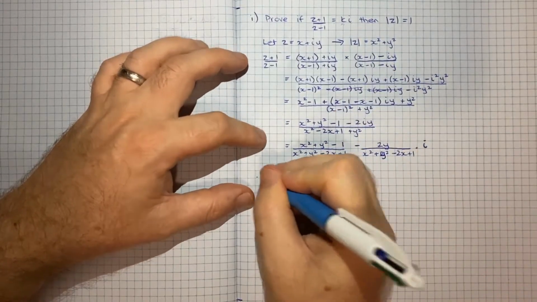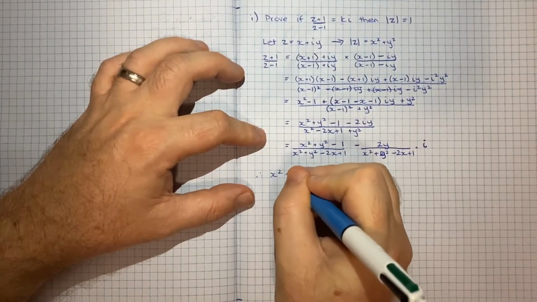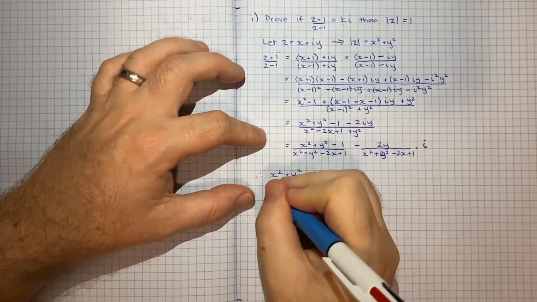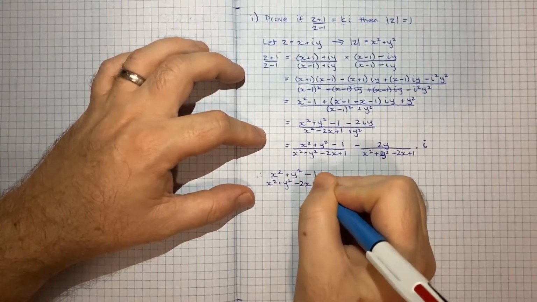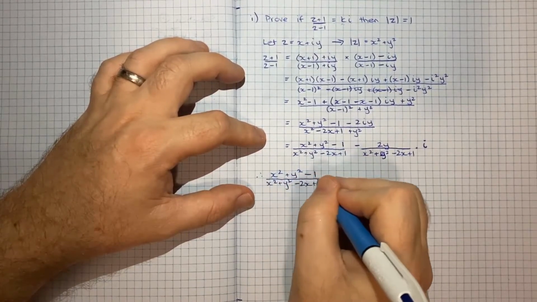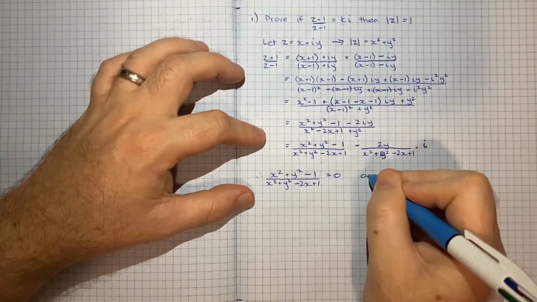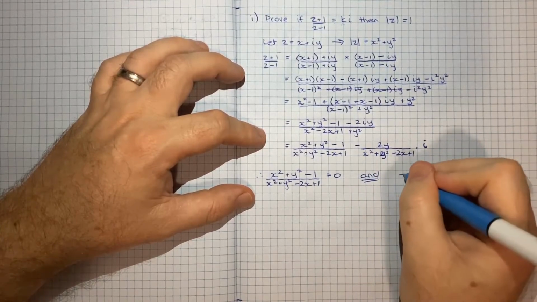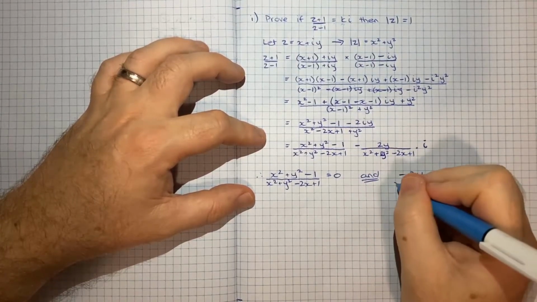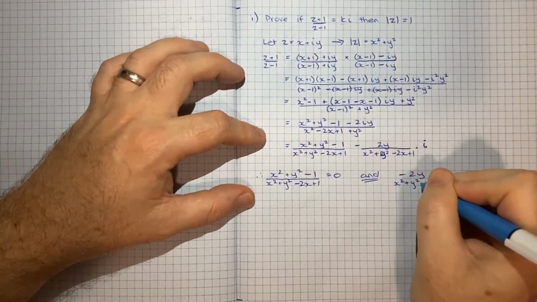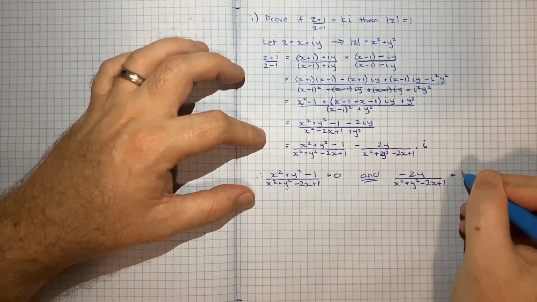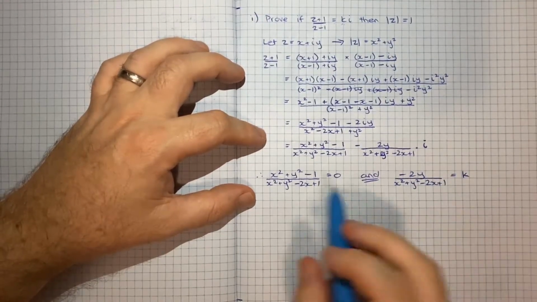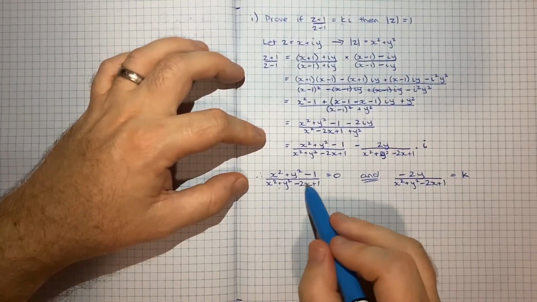Therefore, x squared plus y squared minus 1 on x squared plus y squared minus 2x plus 1 is equal to 0, and minus 2y on x squared plus y squared minus 2x plus 1 is equal to k.